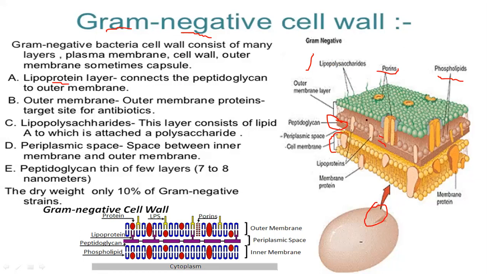Between these two layers, between the inner membrane and the outer membrane, there is a space called the periplasmic space. This is the inner membrane, that is called the cell membrane. The outer membrane, and in between is the periplasmic space.